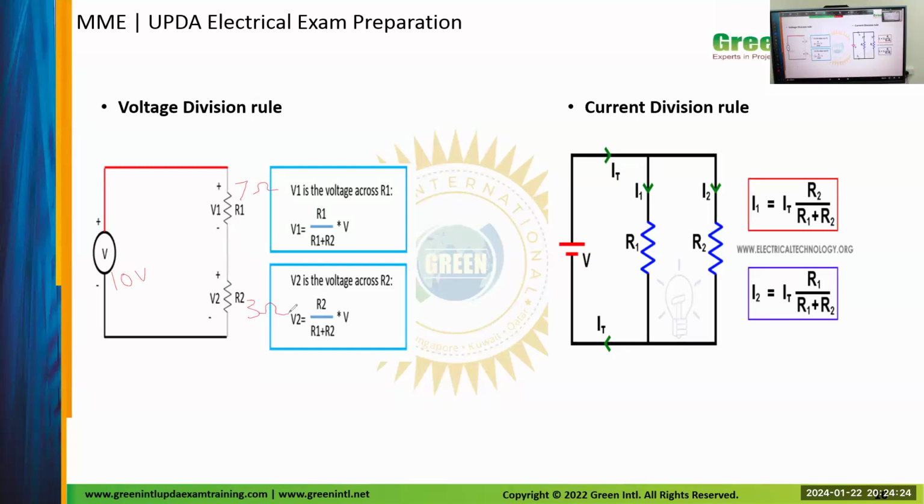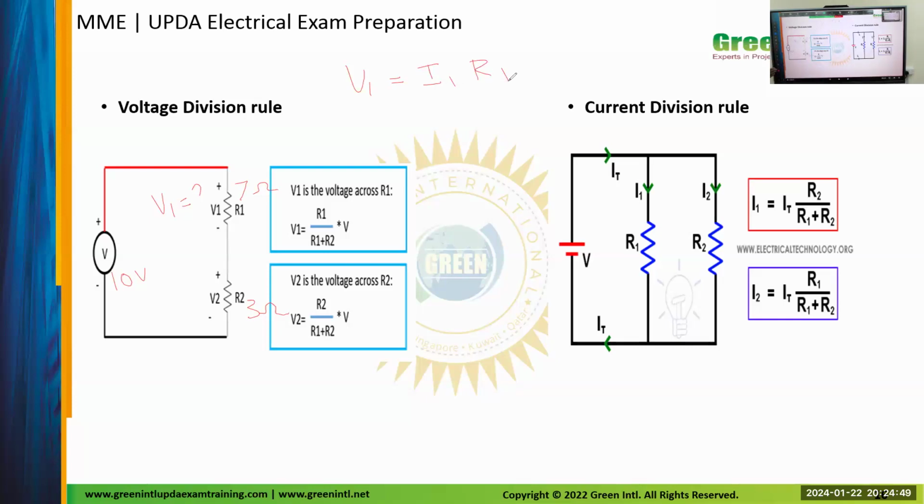A 7 ohm and a 3 ohm resistor are connected in a series circuit, and the applied voltage is 10. We need to calculate V1. How to find V1? By using Ohm's law, I is equal to V by R, or V is equal to I into R. So V1 is equal to I1 into R1.